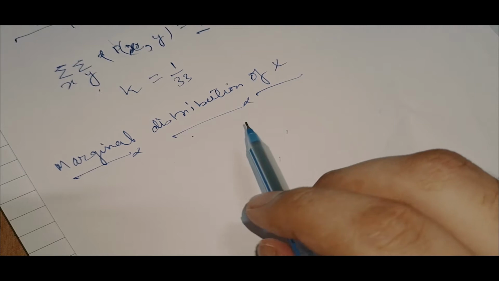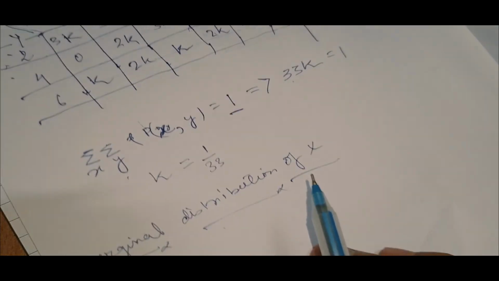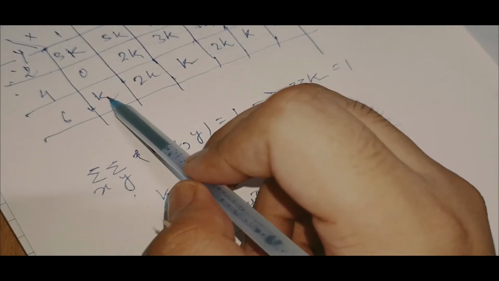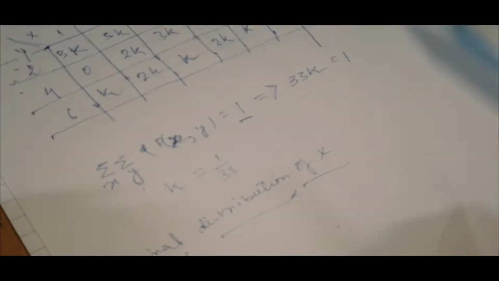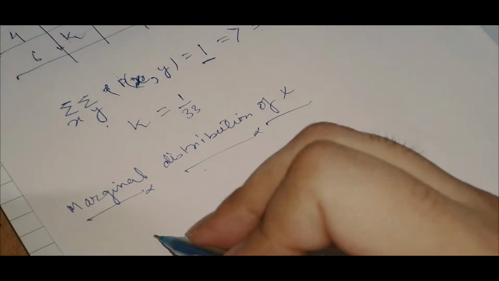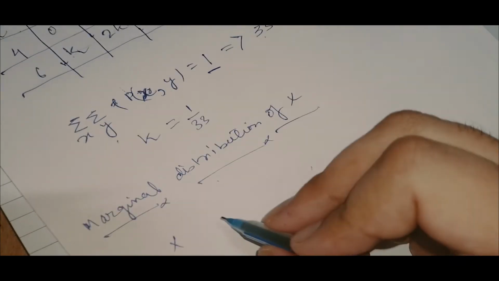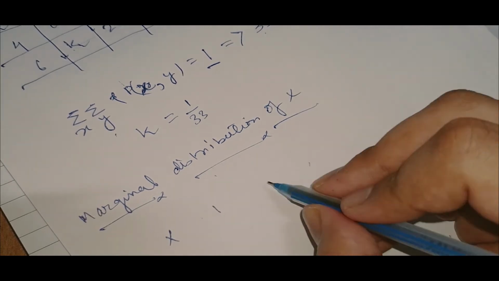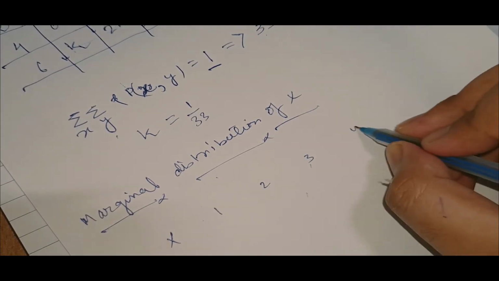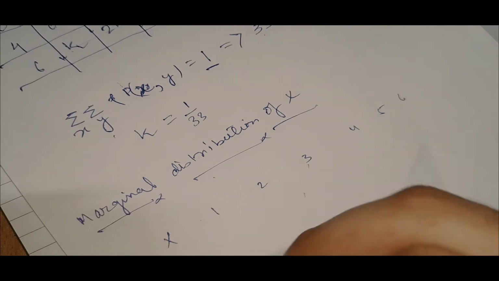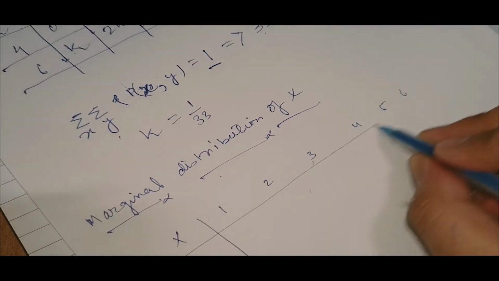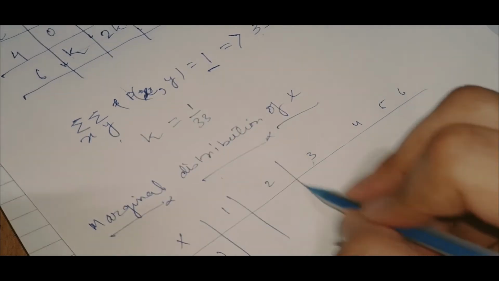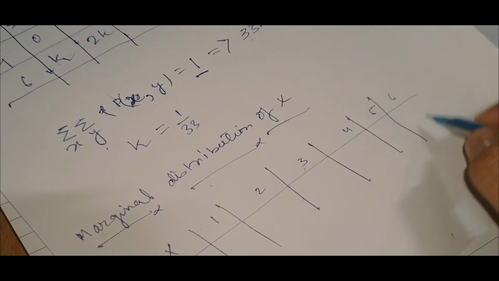The first one would be for p of x: add 3 plus 0 plus k, that is 3 plus 1, 4k. x ranges from 1, 2, 3, 4, 5 to 6. So this is x, and here we will write p of x, the marginal distribution of x.